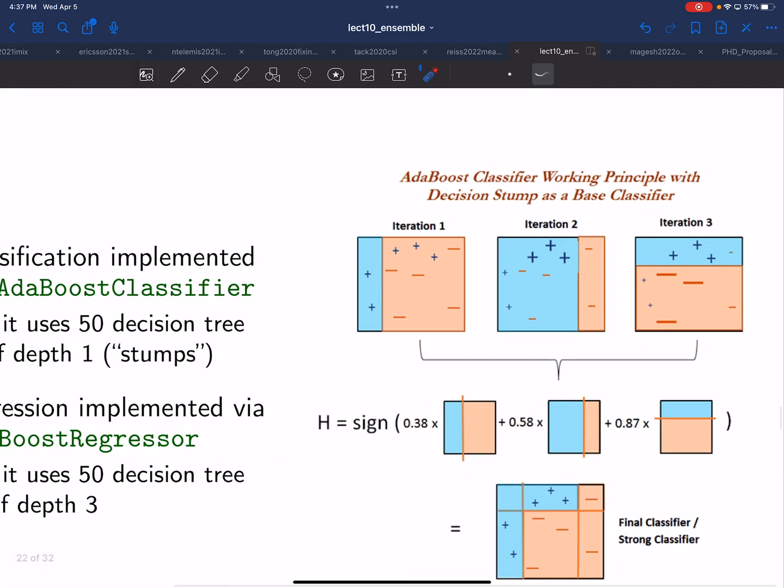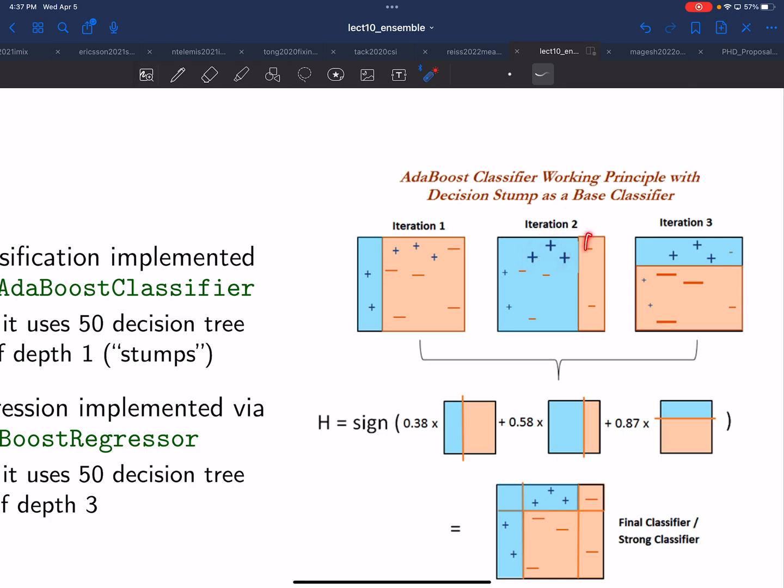Okay. So the next stage, we have a classification problem now where we want to pay more attention to those particular samples. This time, maybe we pick this classifier, this stump, because it's going to get these right.